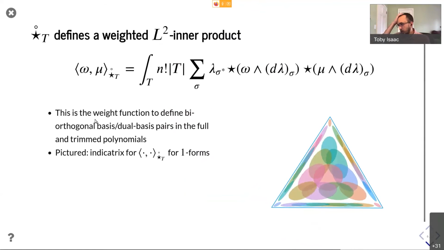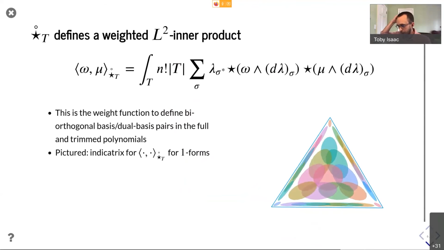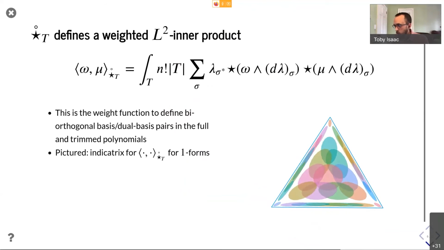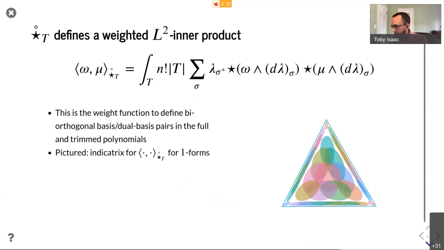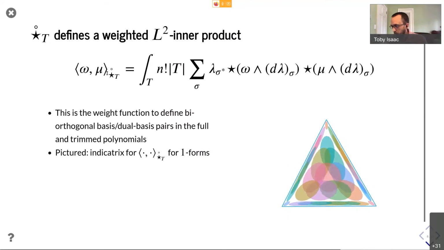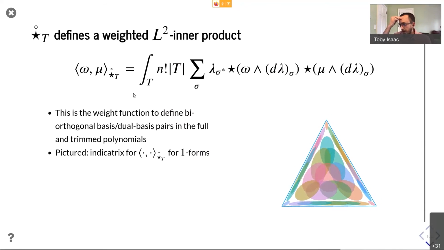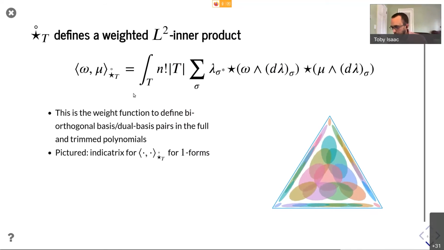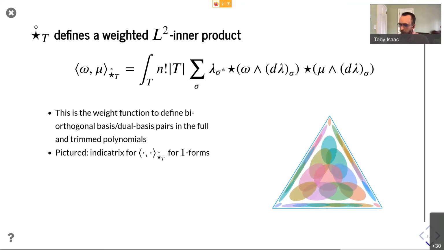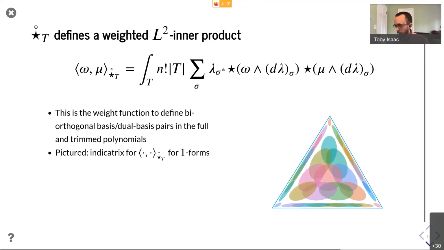And not only is there an isomorphism, but like the case that I really wanted for in scalar, from the scalar polynomials, it defines a weighted L2 inner product. So if you take the inner product of omega with ring star applied to mu, and you integrate over the cell, you get a weighted L2 inner product, and it's going to define bi-orthogonal basis, dual basis pairs in the full and trimmed polynomials.